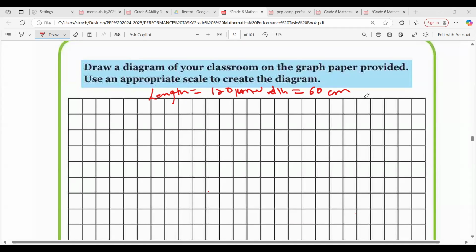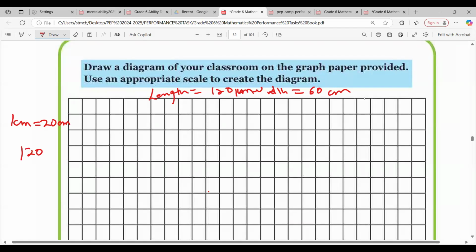Sir, I would have my scale like 1 centimeter equal 20 meters. All right. So if that's the case, how much would be the length? The length would be 120 divided by 20, or 6.